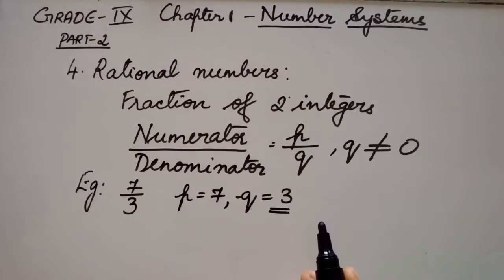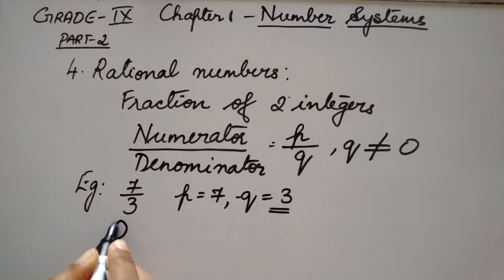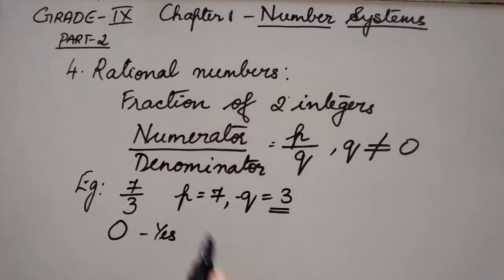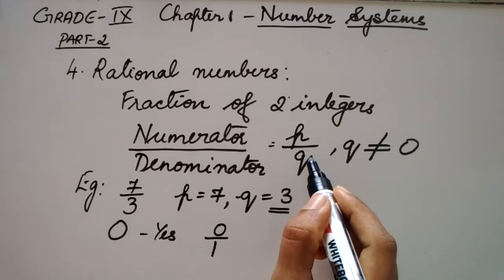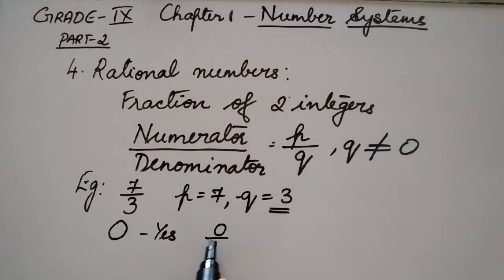Now, can you tell me whether 0 is a rational number? Yes. Why is it a rational number? Because we can write 0 as 0 by 1. So now it is in the form P by Q, where Q is not equal to 0. Here Q is equal to 1.